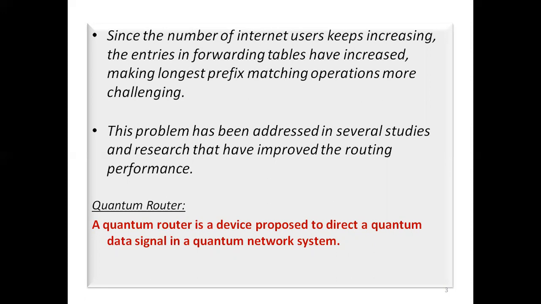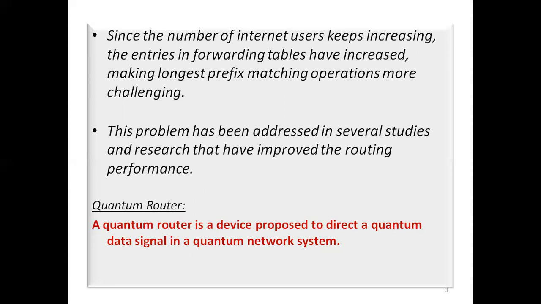On classical networks, quantum information can be distributed, which is why quantum networks enable functions that can't be addressed on classical networks. And this problem, the number of internet users increasing day by day, has been addressed in several studies and research that have improved the routing performance.